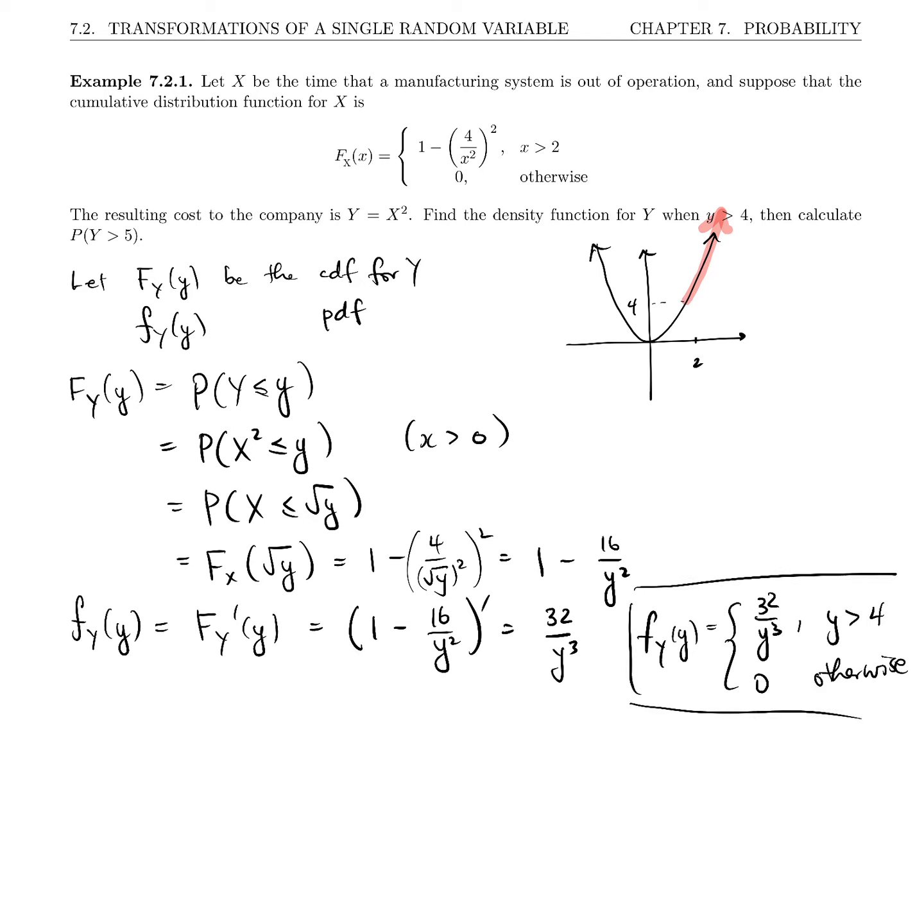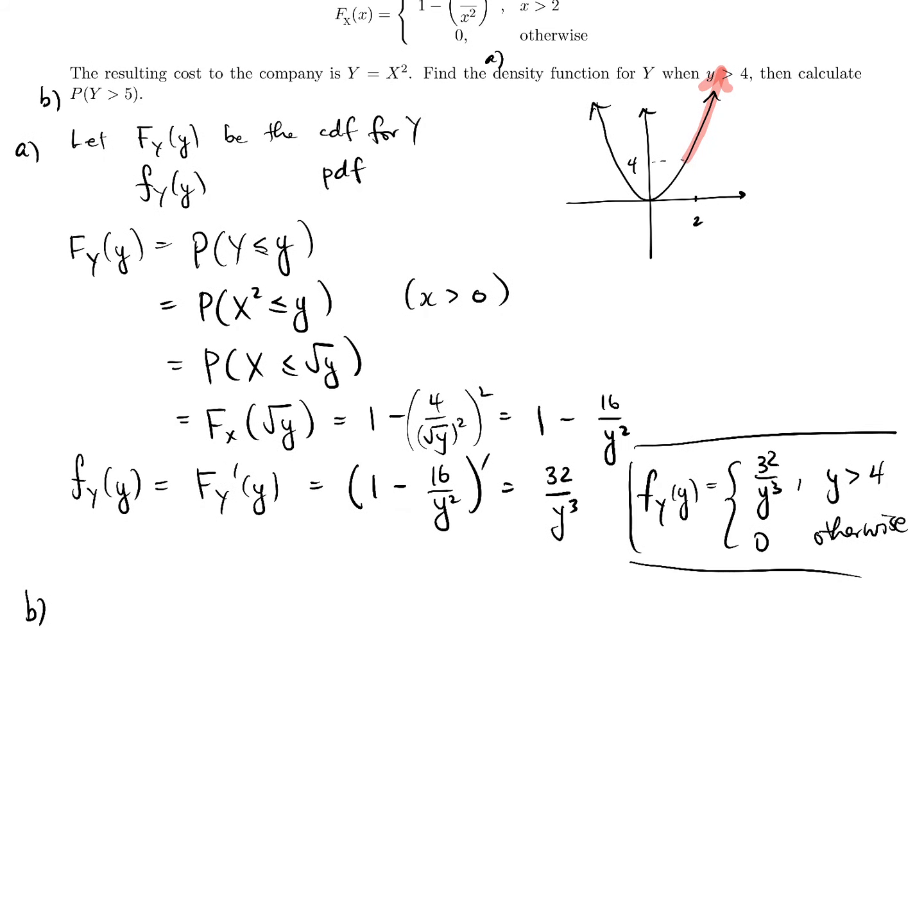That's not all that we're asked to do, however. We're also asked to calculate the probability that Y is greater than 5. So part A is done, and part B is the probability that Y is greater than 5. This can be obtained by integrating the density function. 5 is greater than 4, so we're in the correct place in the support.